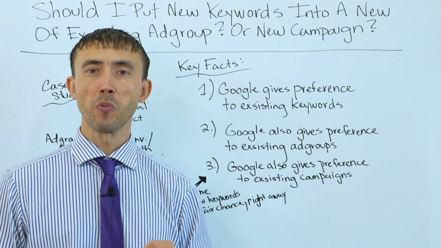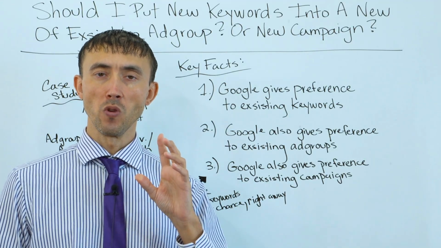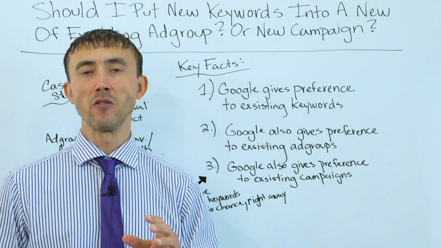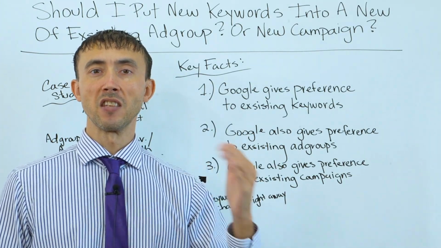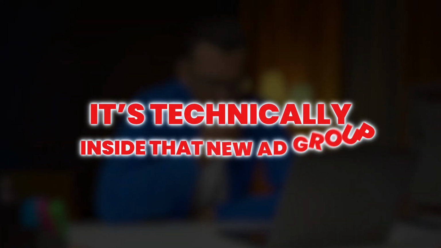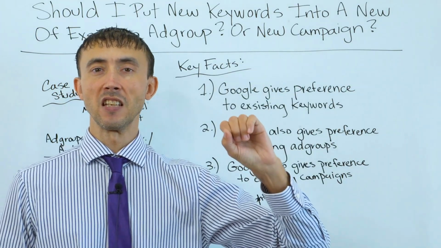So if you're really pressing to run a new set of keywords, you don't want to put this into a new ad group within the same campaign even, let alone keywords within the same ad group itself. And actually, if you're wondering when keywords will get ignored the most, it's technically inside that new ad group, not even putting them there versus in the existing ad group.